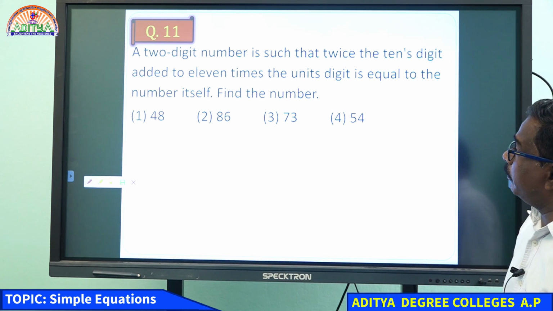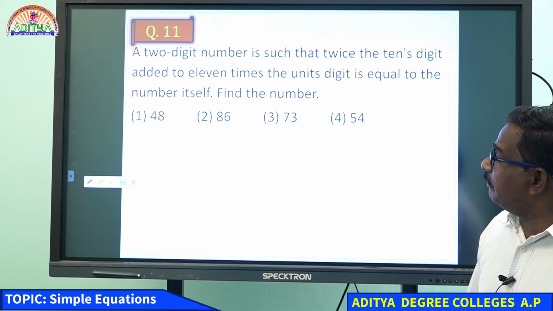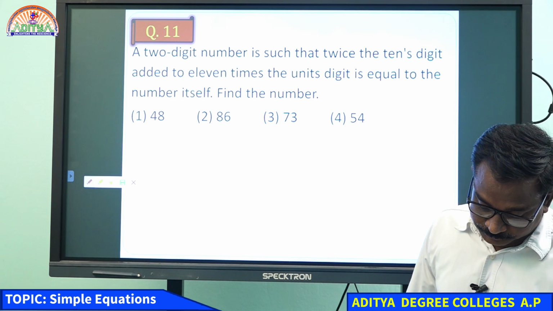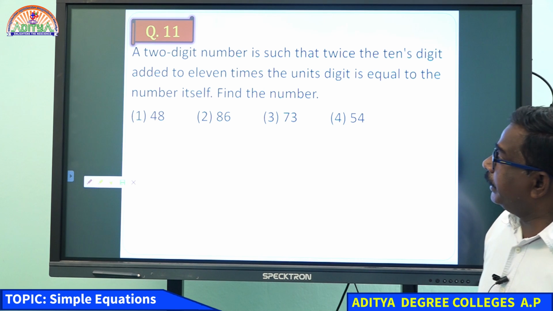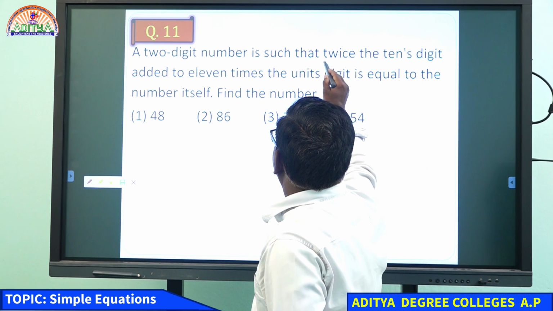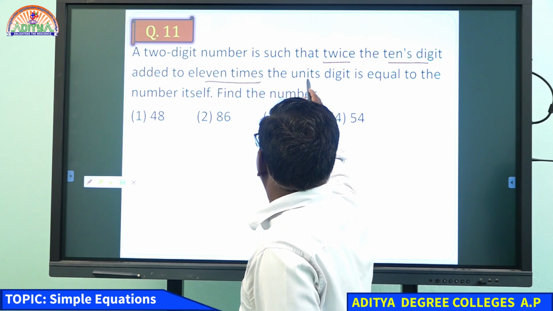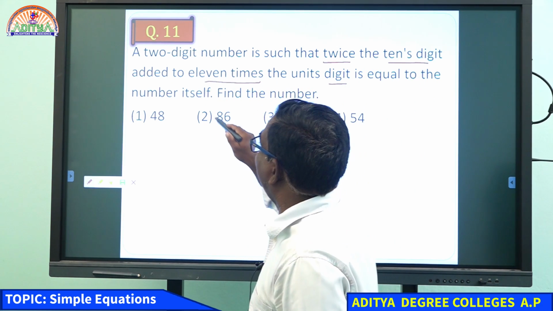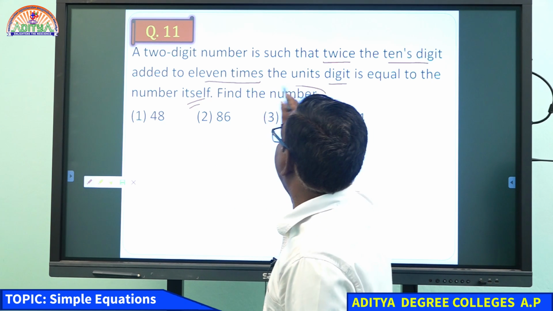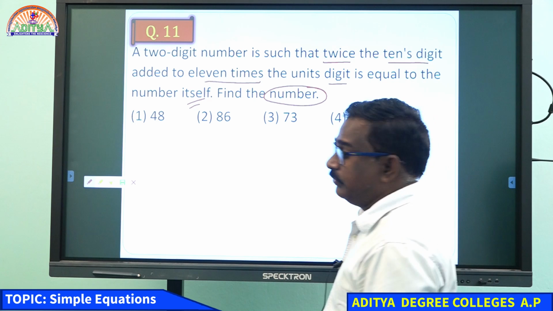A 2-digit number is such that twice the tens digit added to 11 times the unit digit is equal to the number itself. Find the number. Once again I am reading it carefully.